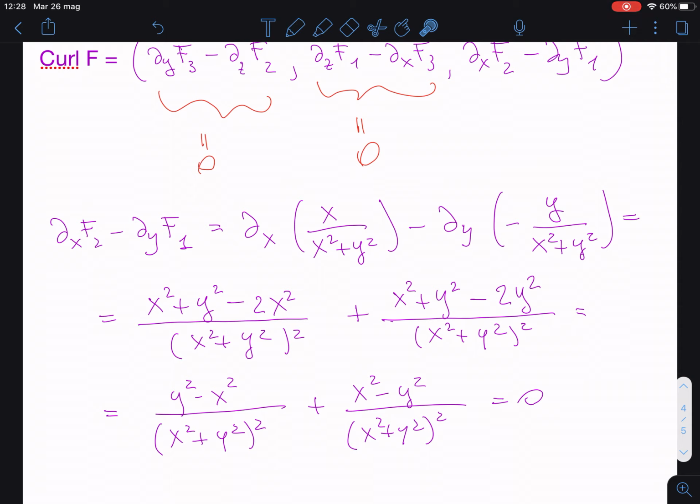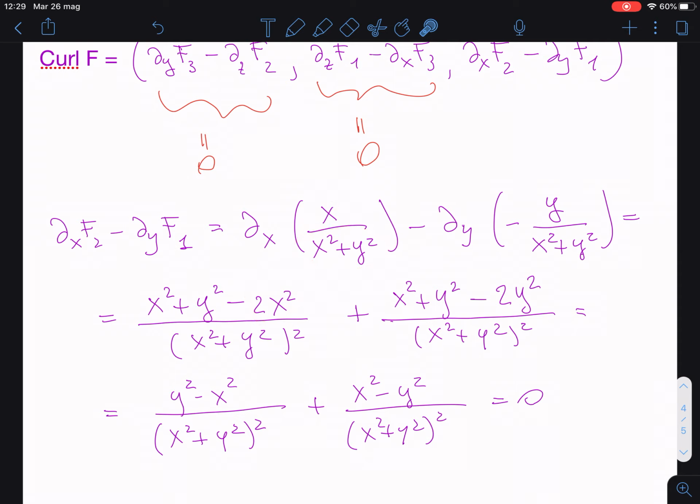So when we differentiate, first we differentiate x, we obtain 1, and then we multiply by the denominator, so we got here x squared plus y squared. Minus, we differentiate the denominator, we got 2x to be multiplied by x, so we have 2x squared.